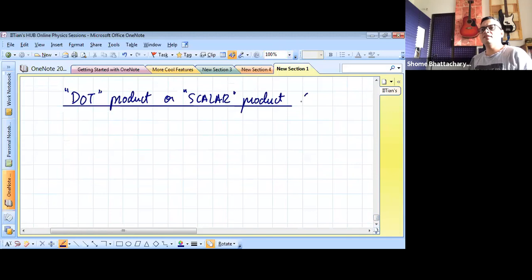So now coming back to this new operation. This is a vector operation. Now the symbol used for this operation is a dot.